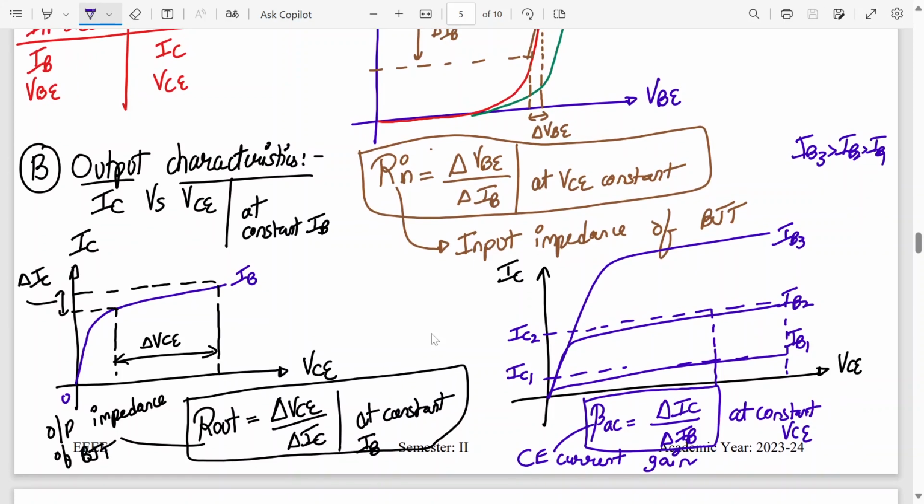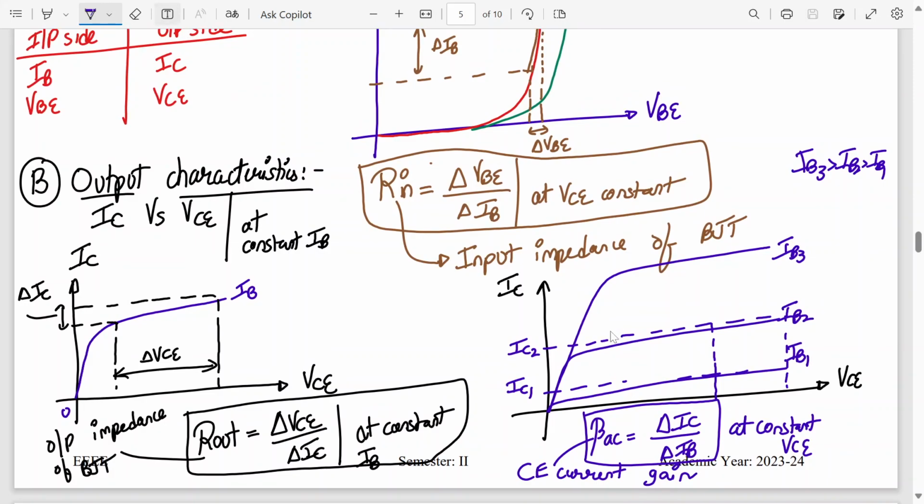Got it? So the output characteristics of an NPN BJT can give me information about the output impedance of the BJT and its current gain value. Also, it will give you one more piece of information about its operating regions.